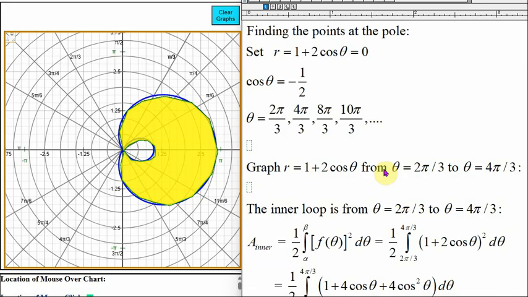And now what we can do is graph the equation r equal to 1 plus 2 cosine of theta from 2 pi over 3 to 4 pi over 3 and see what we get.